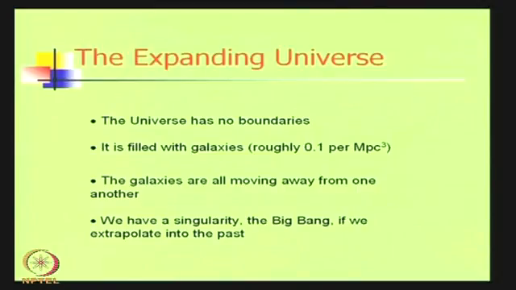It is not that they are moving away just from us. The entire universe is filled with galaxies, and the galaxies are all moving away from one another. If you have this picture, then you can make a coherent image of the universe which is consistent with the Hubble law of expansion and homogeneity and isotropy.